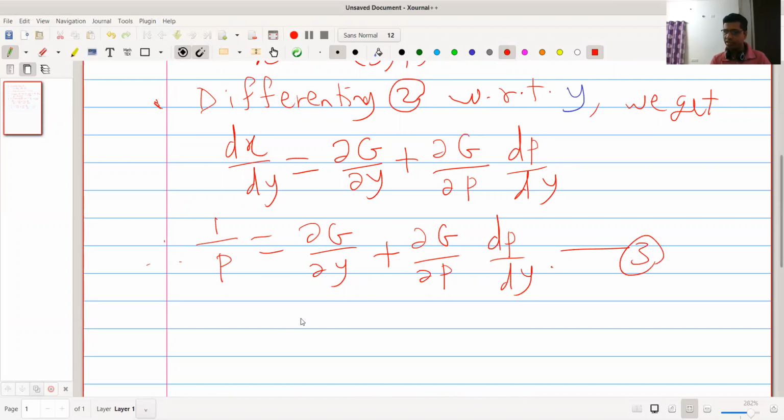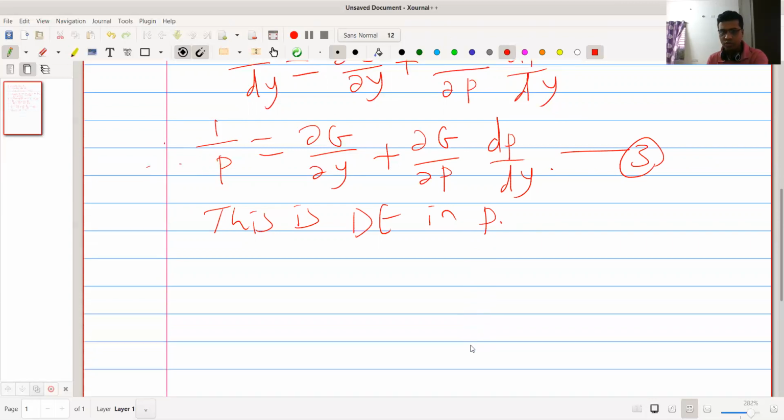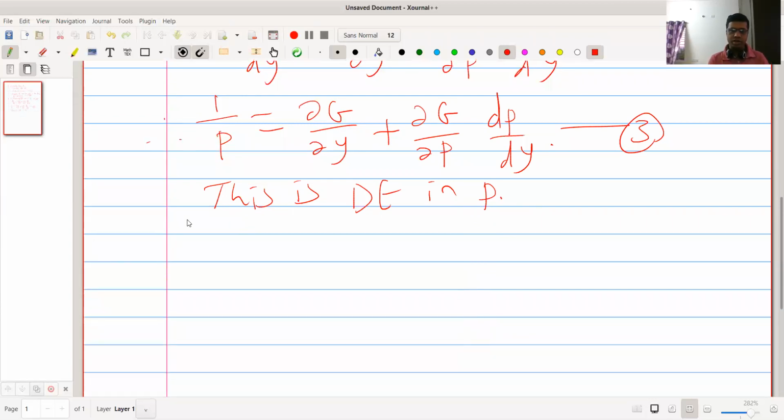Now 3 is differential equation in p which is of first order and first degree. Okay, this is differential equation in p. We solve this differential equation and obtain solution.